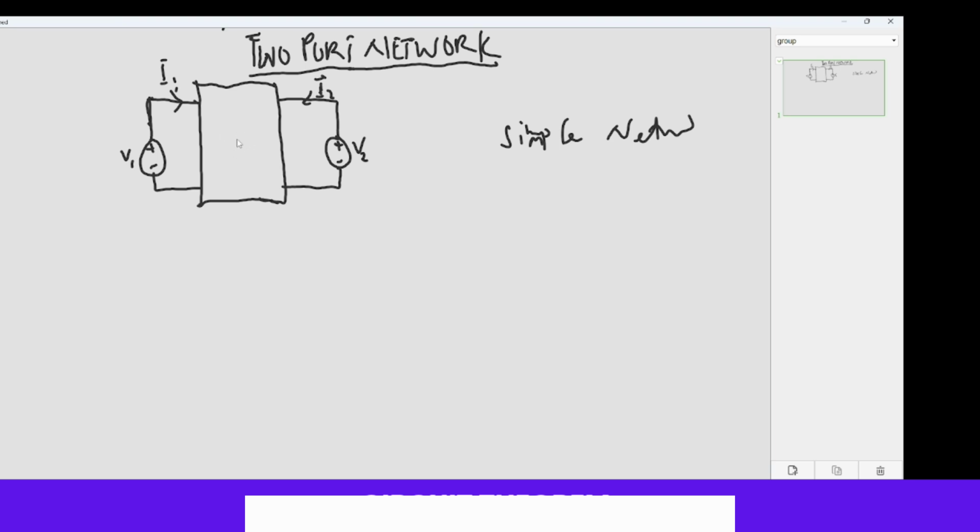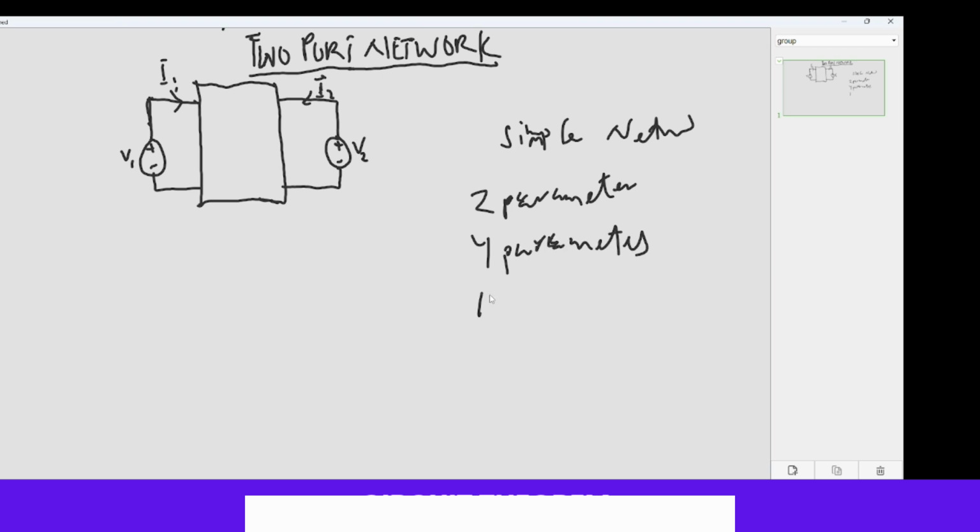in this black box. So we can have a two-port network that will be working with only the impedance parameters, which we call the Z parameters, or your admittance parameters, which we call the Y parameters.